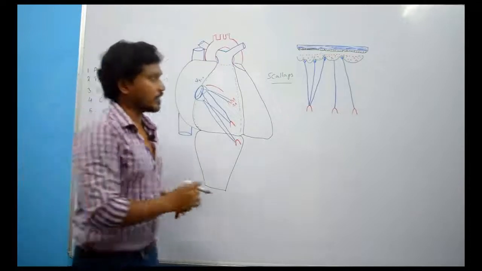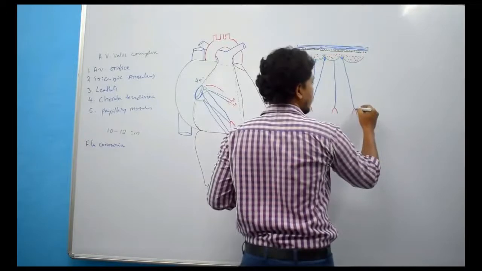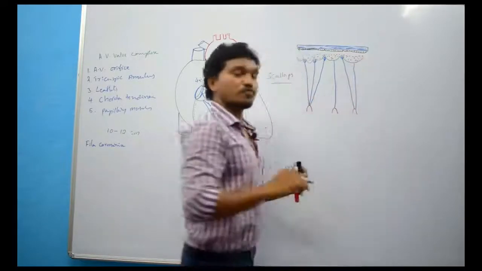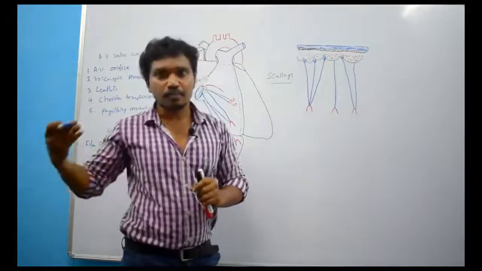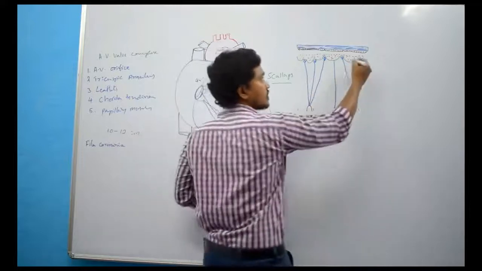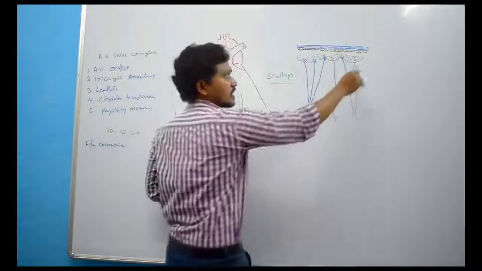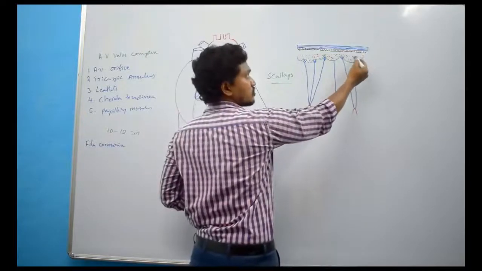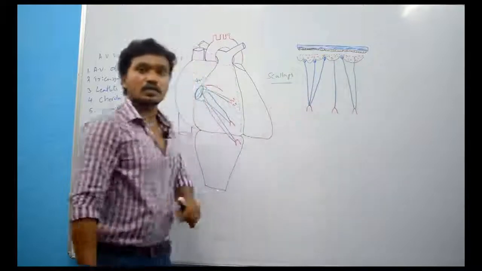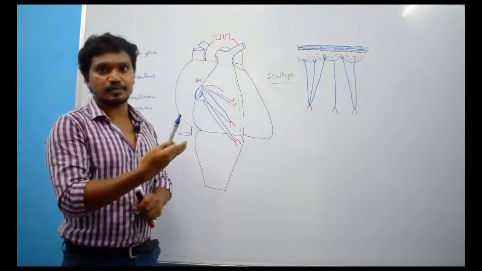Then some of the chorda connect the papillary muscles to the leaflets: first they attach to the free margin, then they pass through the substance of the leaflet and attach at the junction of the clear zone and rough zone. That means here. These chorda we call deep chorda, because they are going deep.